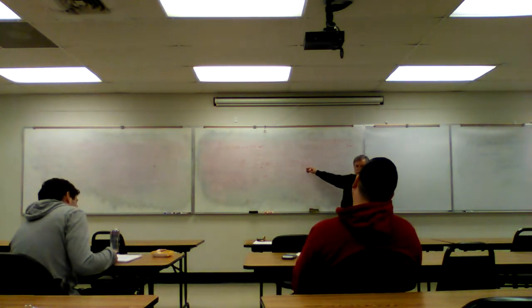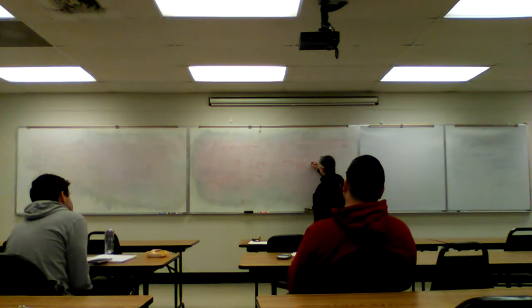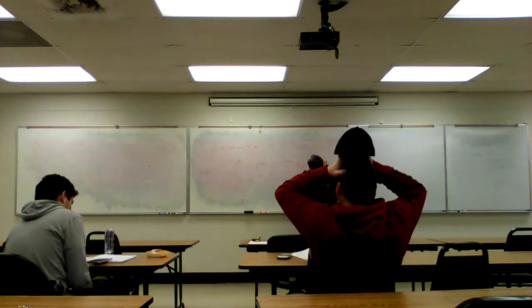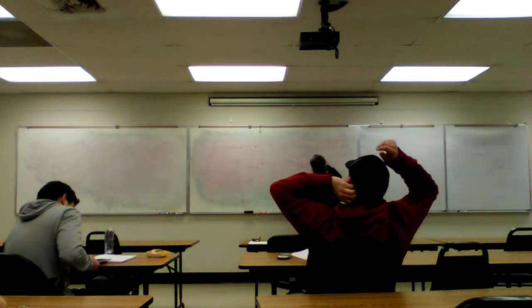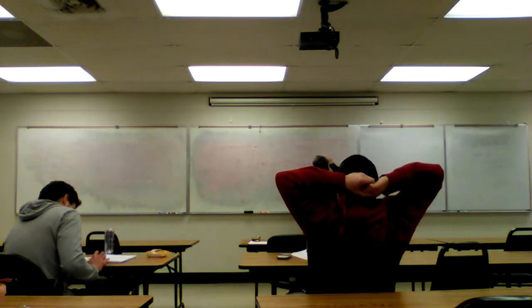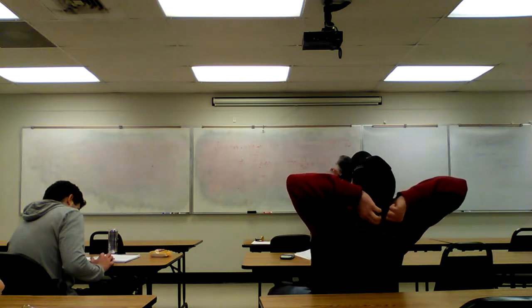Division is simply multiplication by a reciprocal, so we can redo this as coulombs times Newton meters squared per coulomb squared.